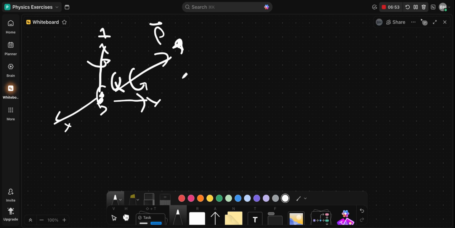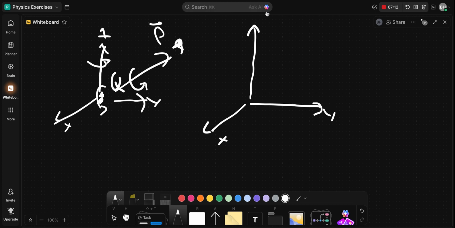Now, I want to give other examples of spherically symmetric charge distributions. Here's another simple one, and one should be able to solve it using Gauss's law. First, I'll draw the coordinate system.